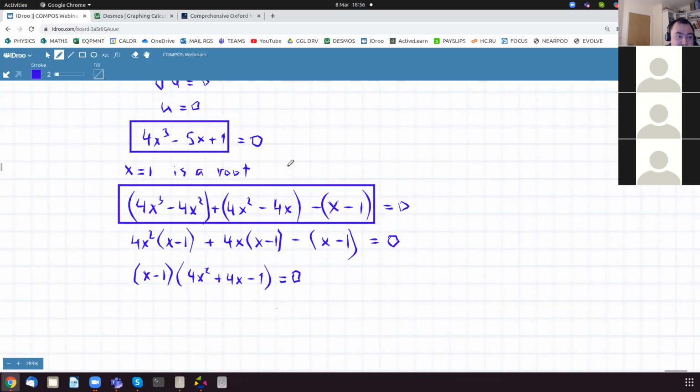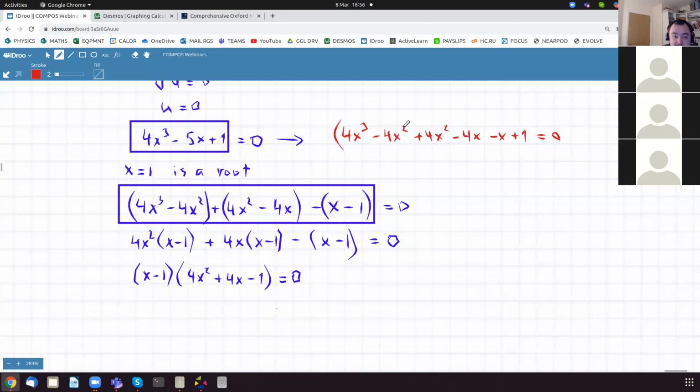So what I do here, I literally just write down 4x cubed minus 4x squared plus 4x squared minus 4x minus x plus 1. See, I haven't done anything. I've only regrouped them. There's 4x cubed, this cancels, this is minus 5x, so plus 1, so it's the same thing.